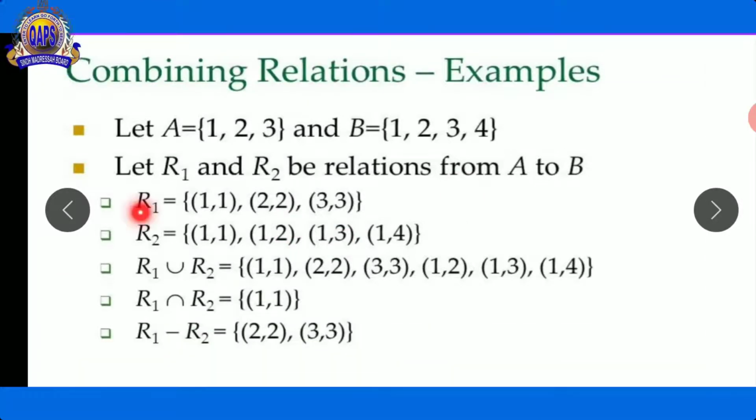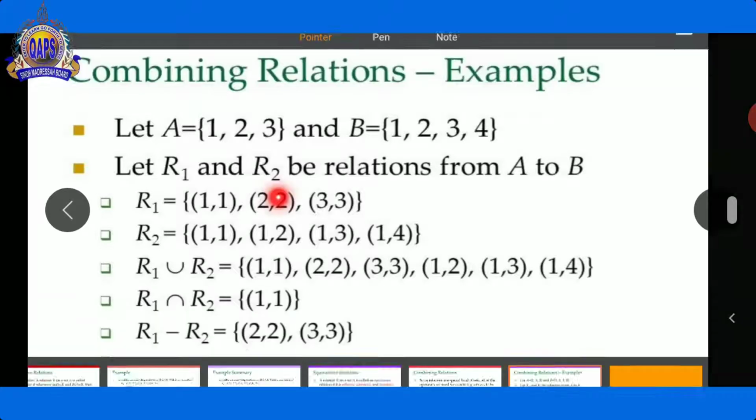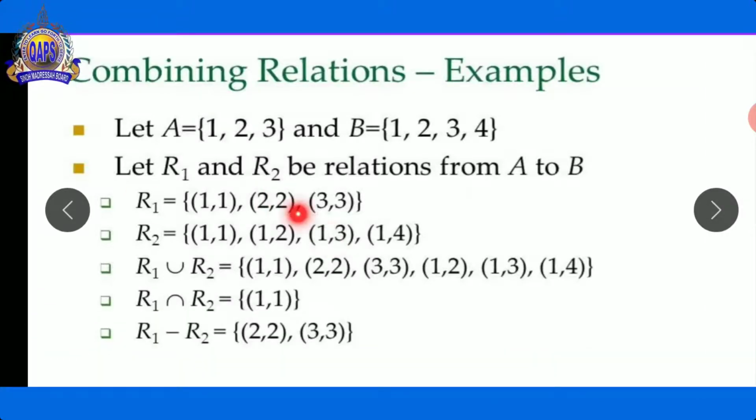In these 2 relations, only one ordered pair is the same. This one and this one are the same, but there is no 2, 2 ordered pair, and no 3, 3 ordered pair. Similarly, 1, 2 is not present in R1, and this one is also not here.